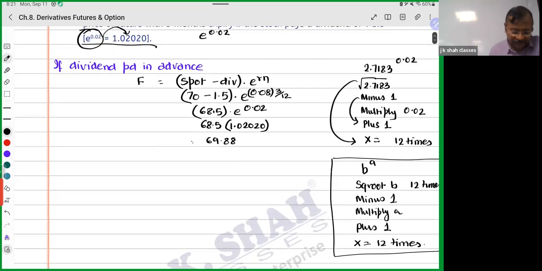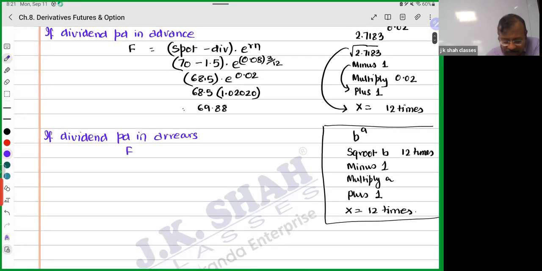Okay, if dividend is paid in arrears, then future would be spot into year end minus dividend.